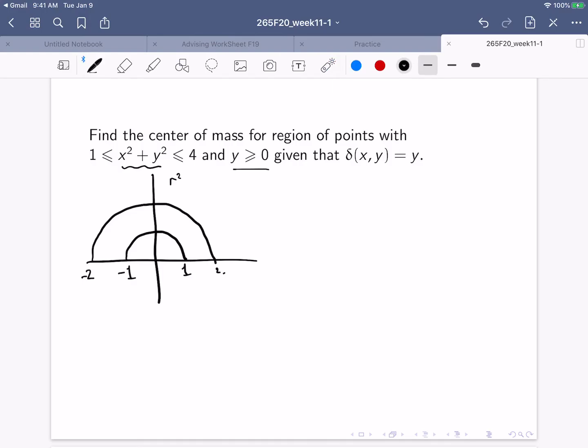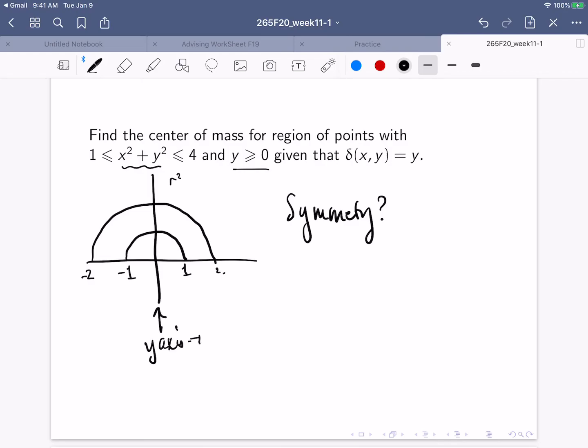All right, so we need to find the center of mass. Well, one thing that we should consider is, do we have any symmetry? Okay. Well, symmetry has to do with the density being consistent, depending on or not depending on where x and y are. So the region certainly looks symmetric as far as the y-axis is concerned.